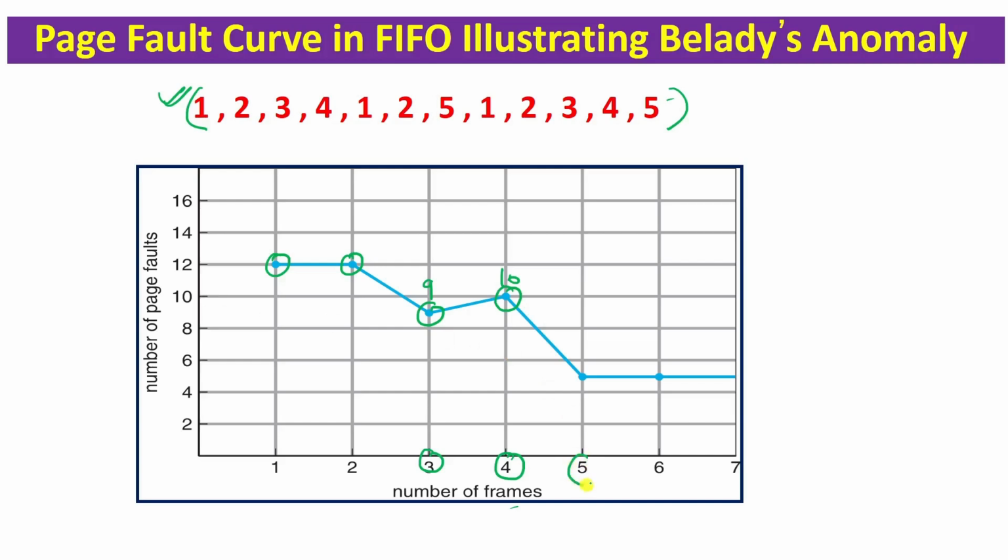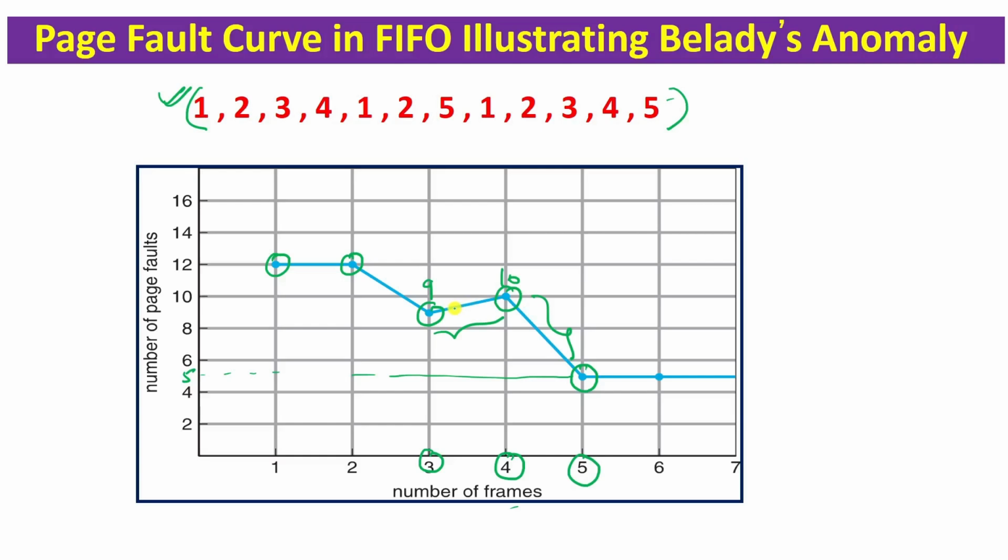Now if we give 5 free frames to this process, we can just apply this FIFO and we will see our page faults will reduce. It will reduce to 5, right? You can see this by yourself also. So here when we are increasing the number of frames, our page faults are decreasing, but here it is showing unusual behavior.